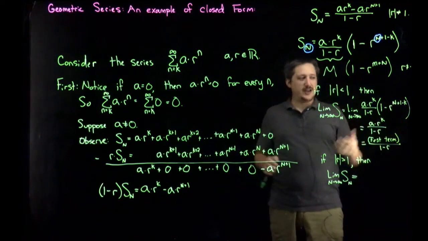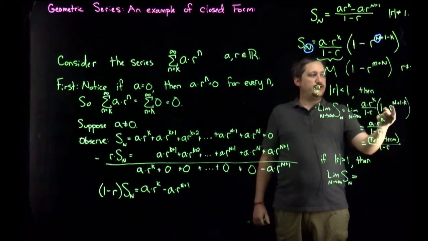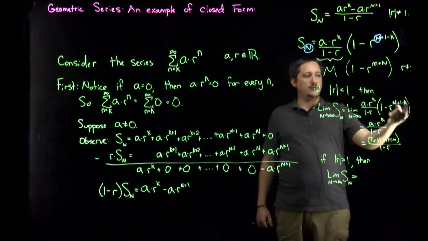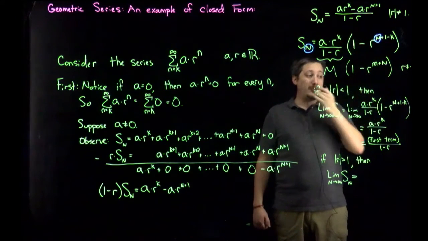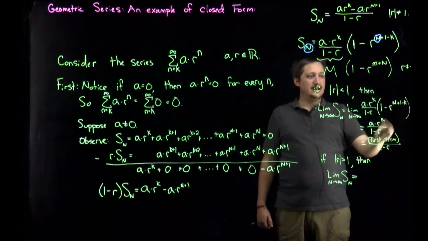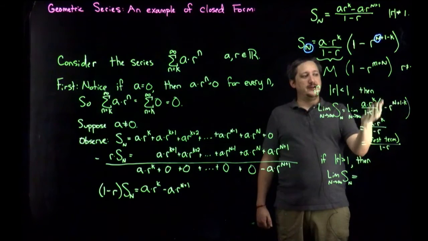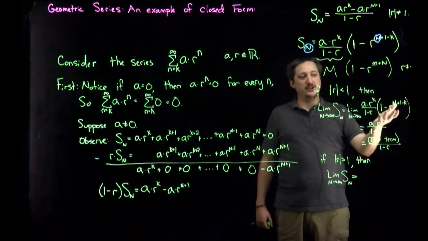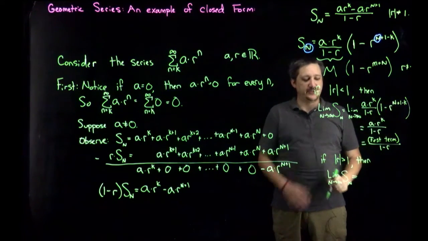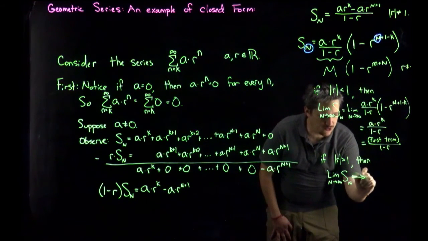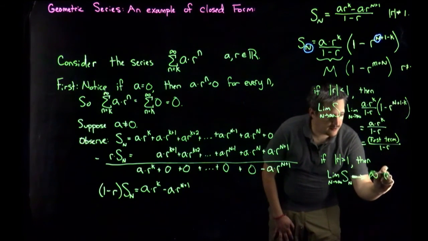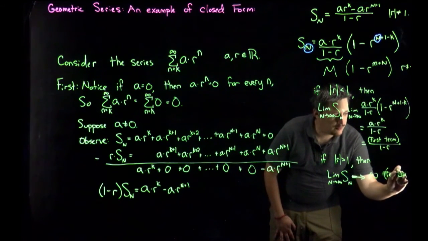By way of example, think like 2 to some infinitely large power, so I'm going to get 2 to some ever-growing number, something ginormous here. So I'm going to get some fixed number times 1 minus some infinitely large thing. So this thing, shouldn't say equals, this thing goes to infinity, i.e. diverges.